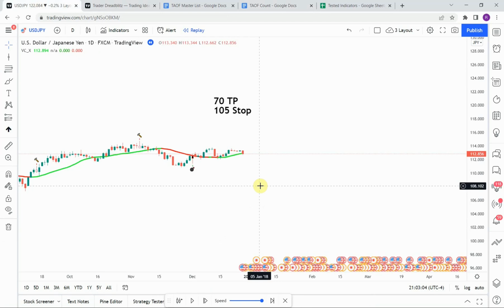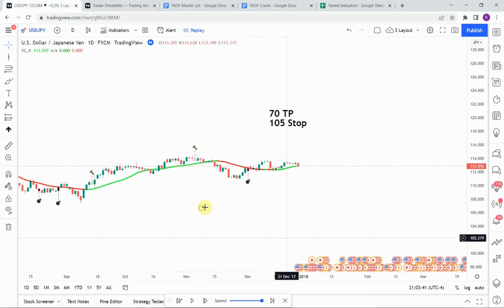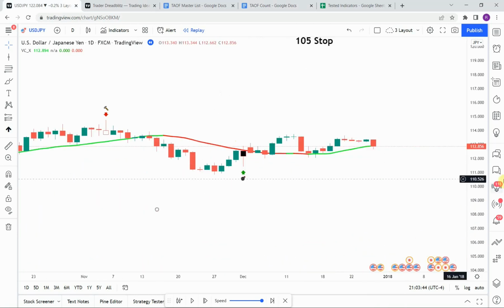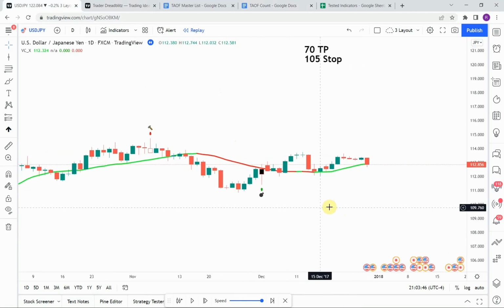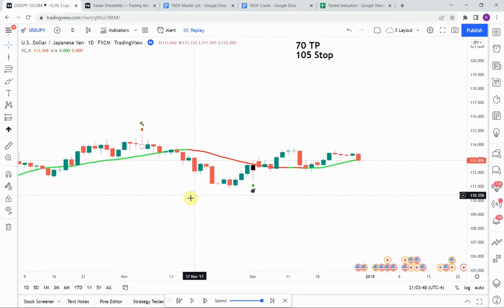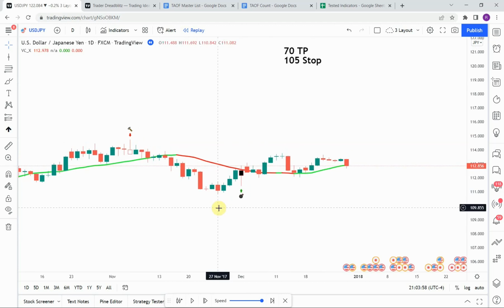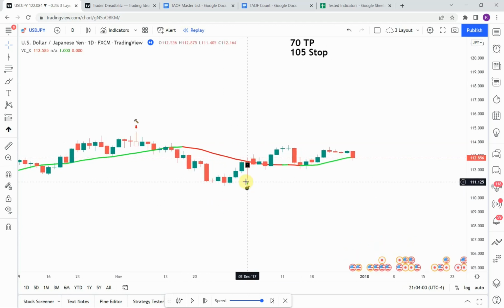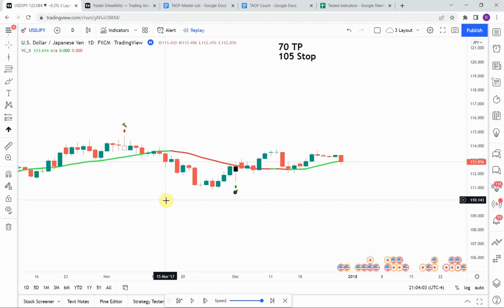Alright, so today's indicator is the long tail candle indicator. And as the name implies, this indicator shows us when we get candles with long tails. If I zoom in here, you can see that, similar to the indicator on the last one that we tested, we have these hammers and these little bombs, I think, if I'm not mistaken, but we have green arrows pointing up and red arrows pointing down.